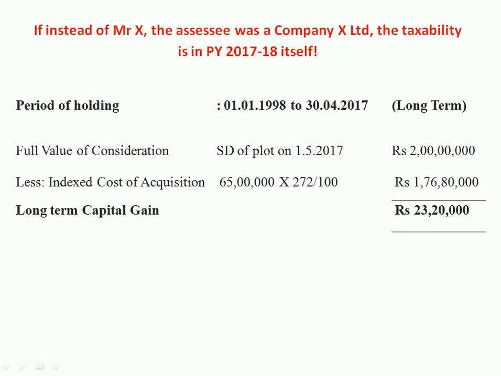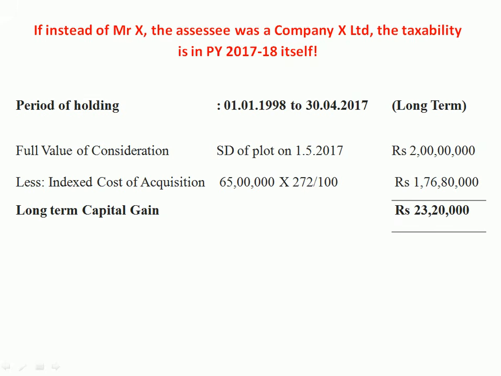Now the full value of consideration would be the stamp duty value of the plot on the date of transfer, which is 2 crore. The cost of acquisition can still be taken as 65 lakhs and can be indexed as well. If you notice, the long-term capital gain in this case is much lower than in the previous case.